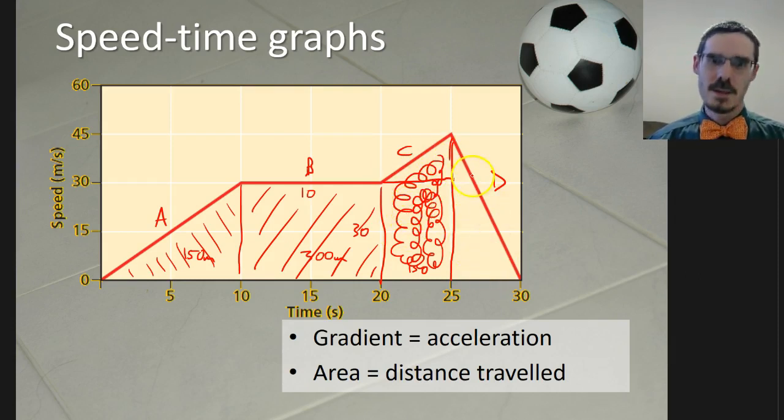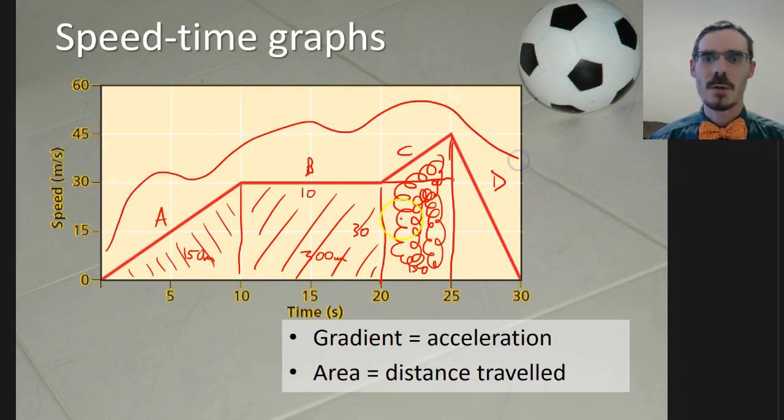Likewise here, distance travelled is the area underneath that line. In fact, this rule, if you've done calculus, you'll know, this rule for area underneath even works if it's a curve, even if it's a fancy curved shape. And you would use integration to work out that area.